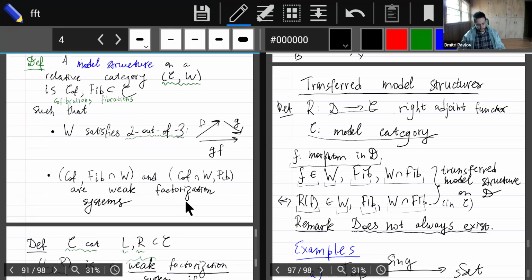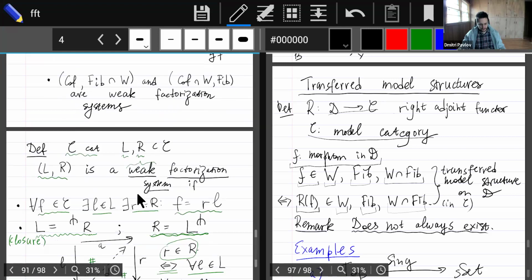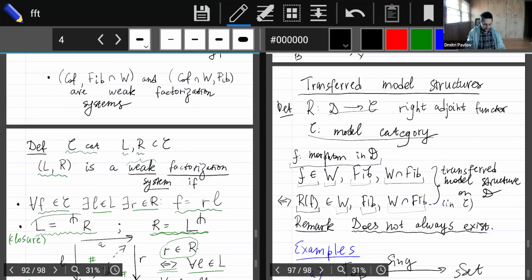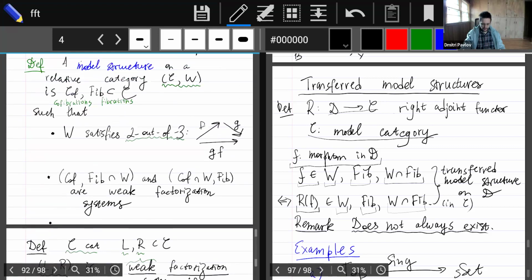The point here is that in a weak factorization system, these two formulas tell you how to compute L if you know R, or R if you know L. If you know L, then R is precisely the class of morphisms with the right lifting property with respect to L. So in any model category, if you know the class of fibrations and the class of weak equivalences, and therefore also the class of acyclic fibrations, then you can recover the class of cofibrations as the class of maps that have the left lifting property with respect to all acyclic fibrations.